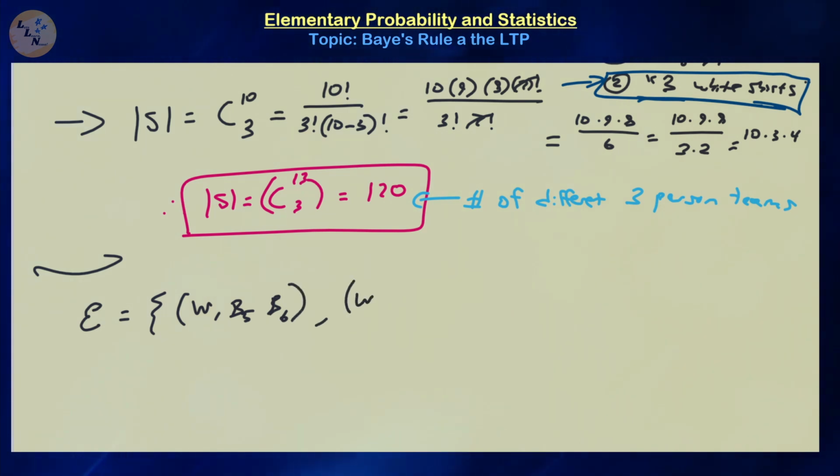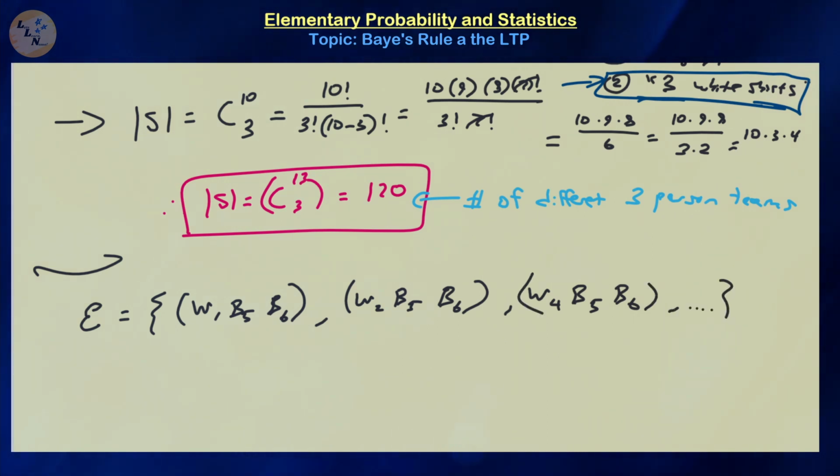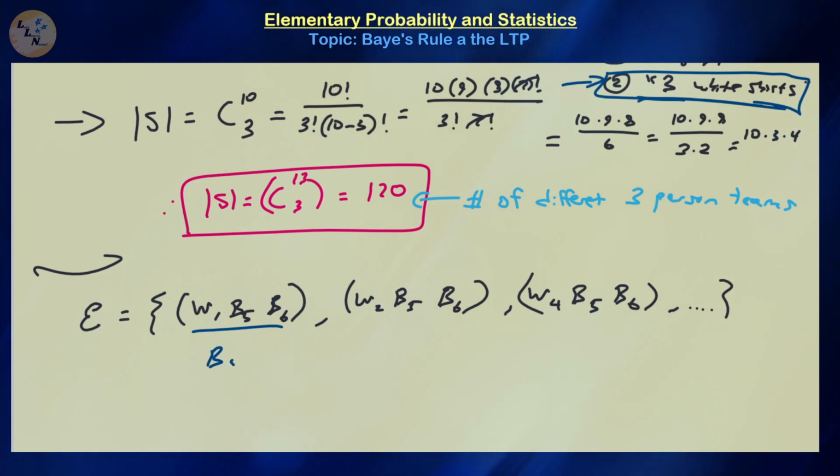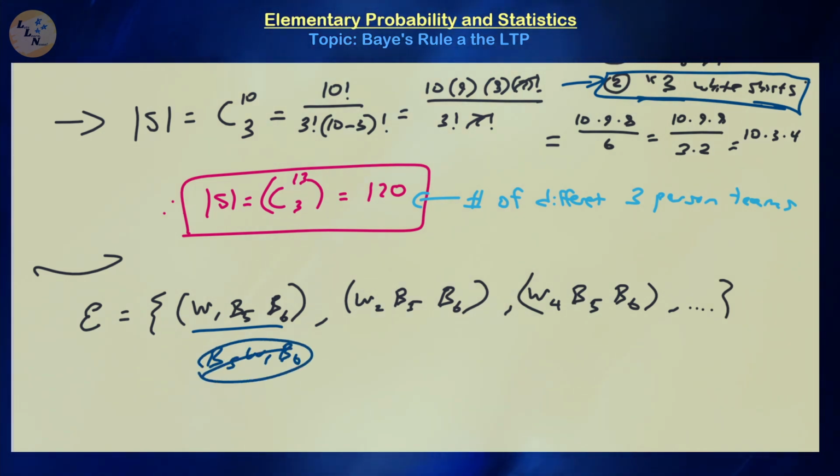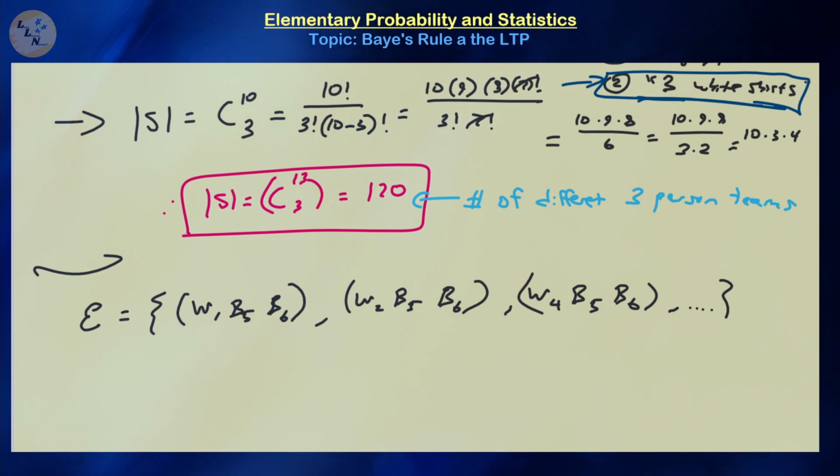You could also have W2, B5, B6, and W4, B5, B6, and there are several others that you could list here as well. Keep in mind, we're assuming that this set and the set B5, B1, B6 are the same, and therefore we have not included them in our sample space, so we should not be including them in our event space. Just keep that in mind.